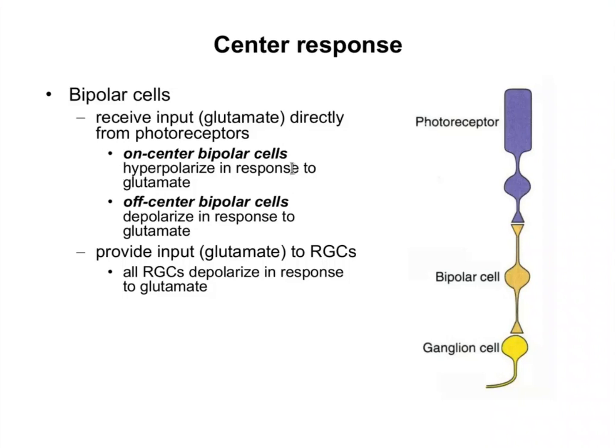So while on-center bipolar cells are inhibited by glutamate, off-center bipolar cells are excited and depolarize in response to glutamate stimulation. And then finally, our bipolar cells, which provide synaptic input to our retinal ganglion cells, always have an excitatory effect on retinal ganglion cells. So all retinal ganglion cells depolarize in response to glutamate stimulation.